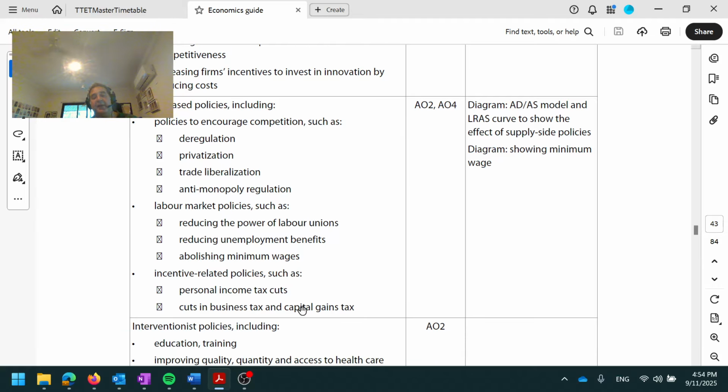Personal income tax cuts, so the old supply side, give lower taxes to people in order to provide incentives for people to work more, save more. How effective they are is very debatable. It also means that in the short term, the government is likely to collect less tax revenue and could put pressure on their debt, leading to unsustainable debt.